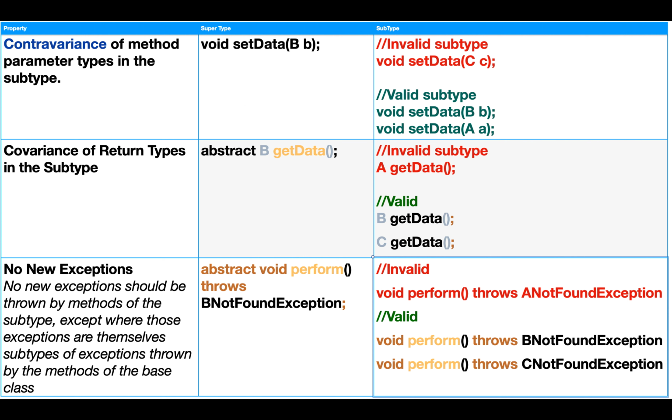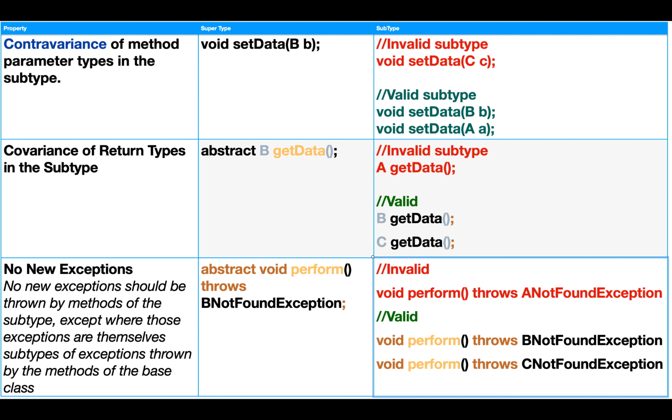Now similarly for exceptions, the rule for exceptions is no new exception. That means here also it's like covariance, where we can say what is allowed as an exception in our subclasses or subtype.